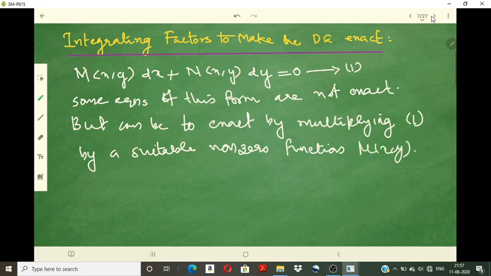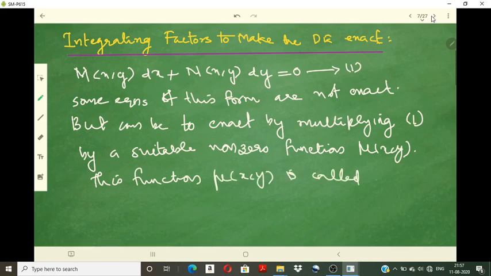These functions are called integrating factors. This function mu of x, y is called the integrating factor.